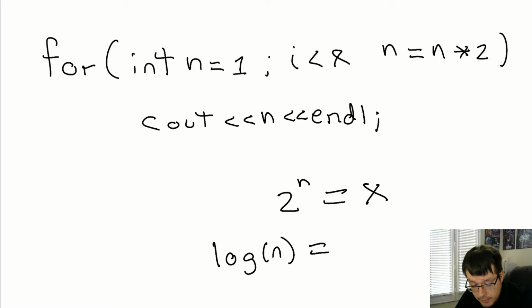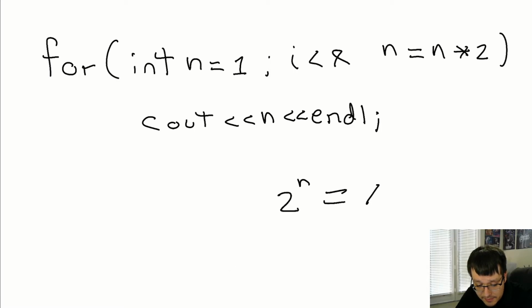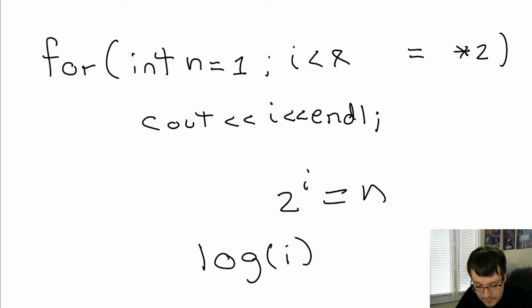Dang it, I flipped them again. I should have left them as I had them, because then it would have worked out with using log of n. Apologies. Let me flip them. Control Z. Undoing. One more. There we go. Okay.